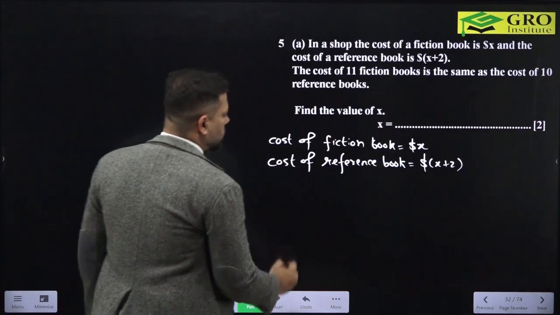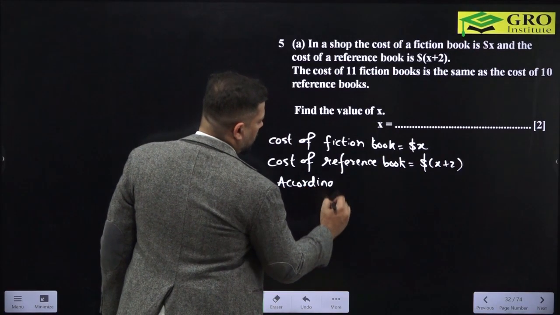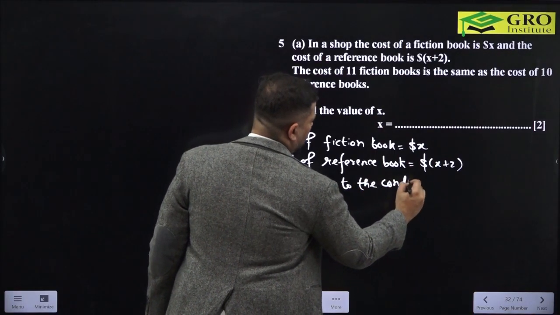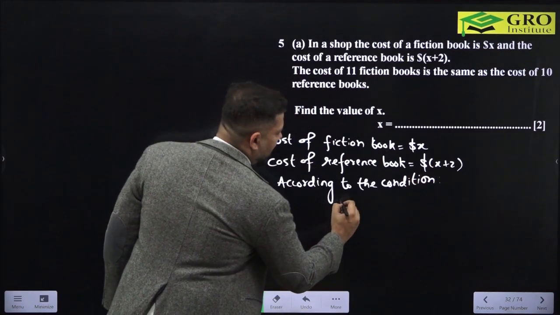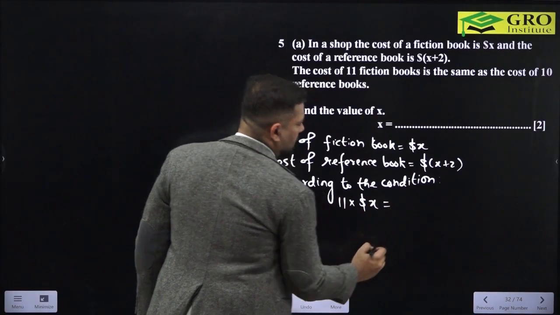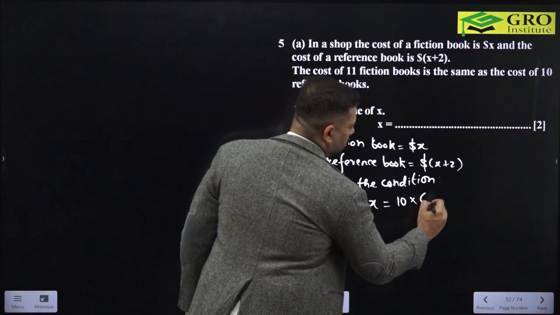And what is the condition? We'll write according to the condition, we know that cost of 11 fiction books is equal to the cost of 10 reference books.